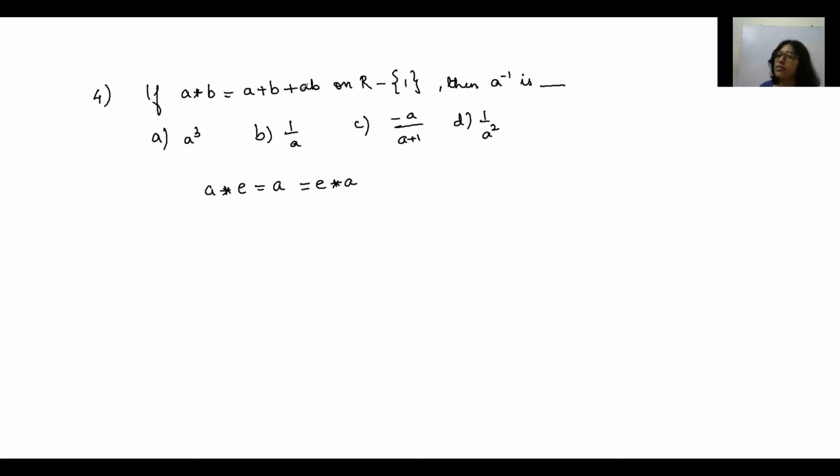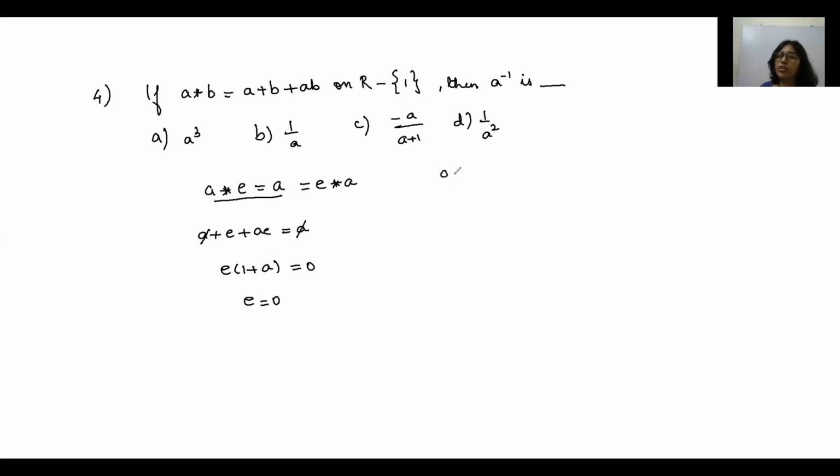Two numbers you add, again, yes, it's commutative. Here the operations are addition and multiplication, which we know are commutative. So A star B will also become commutative. So we'll simply go with only this much. Instead of B, put E: A plus E plus AE. We are finding E, that means our identity element is E.